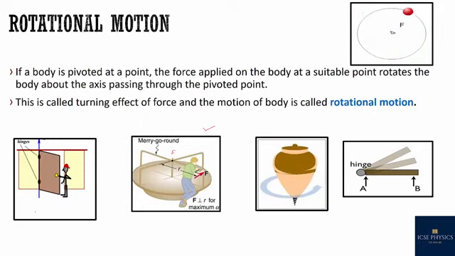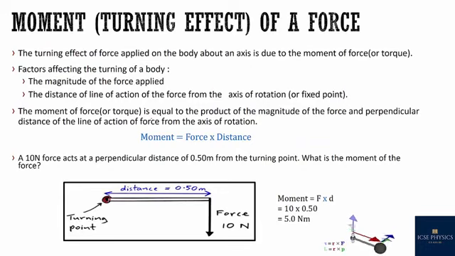So it takes a circular path of rotation. Similarly, in this example, when force is applied at the turning point, the body takes a circular way. So these are examples of rotational motion, and the turning effect of force is known as moment of force or torque. Let's see what is moment of force or torque in detail.